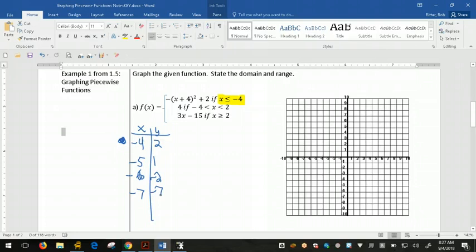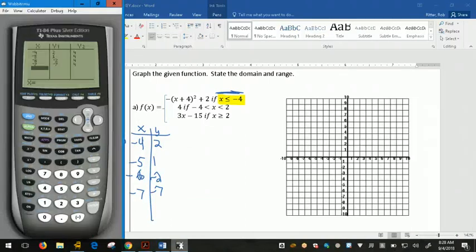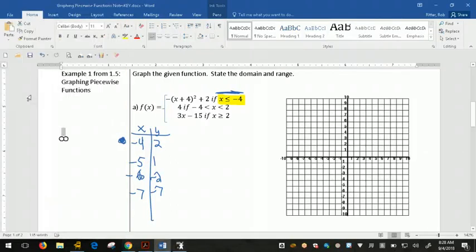Notice that it's less than or equal to 4. So this piece of the graph is going to continue on infinitely, just as this quadratic continues to the left infinitely. So when I go to graph this, I'm going to put a closed circle at negative 4, 2.